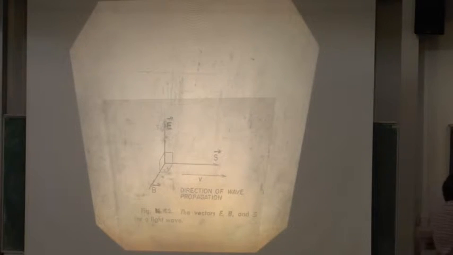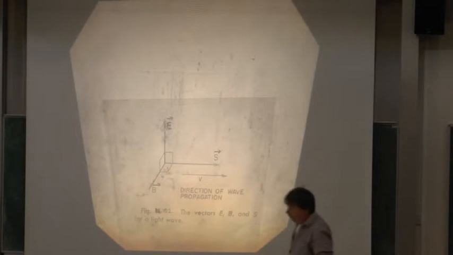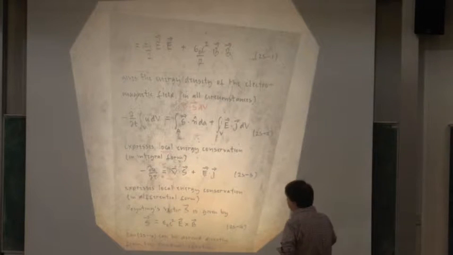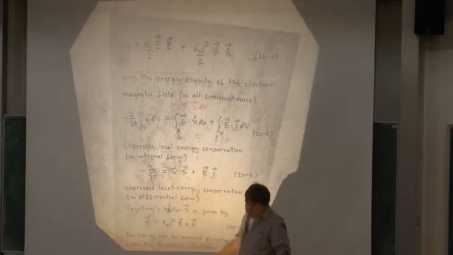So equation 25(4), in other words, this, again, as I say, I'm going to use for all the equations, these four will be the first four. So when I refer back to them, 25(4) is the fundamental equation for Poynting's vector.